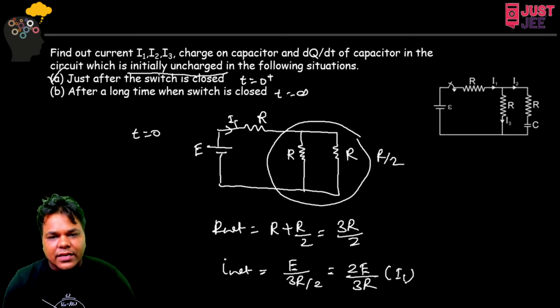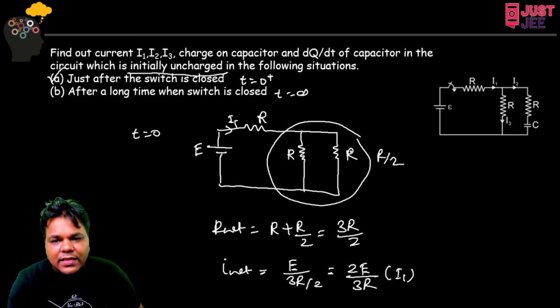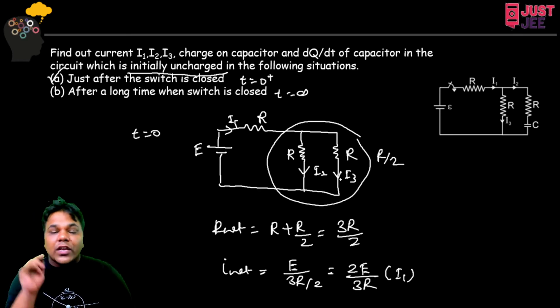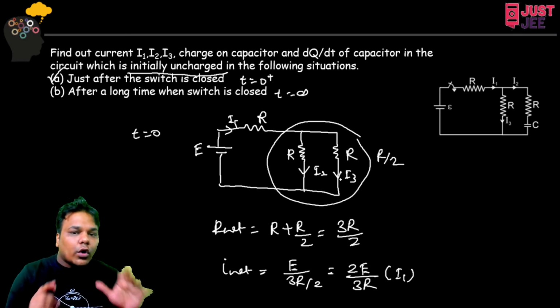That is our first condition. Now, this I1 gets distributed in two parts: first in this resistance, second in this resistance, I2 and I3. As we know, these I2 and I3 are the currents flowing between two parallel resistances, and in parallel, voltage is equal.